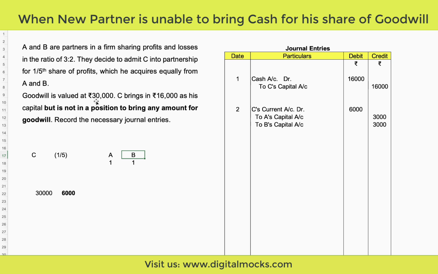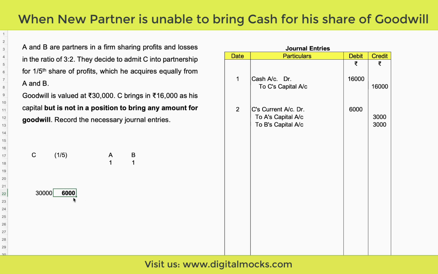But what will actually happen in real life? Now Mr. C has joined the firm, and this 30,000 the firm will earn in future. So definitely C will also participate in this 30,000. How much will he be getting? 6,000, for which he is not actually eligible. Logically he is not eligible for this 6,000, but he will be getting it unnecessarily in future.